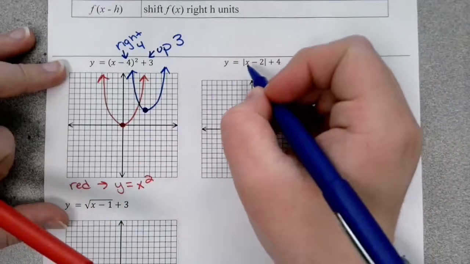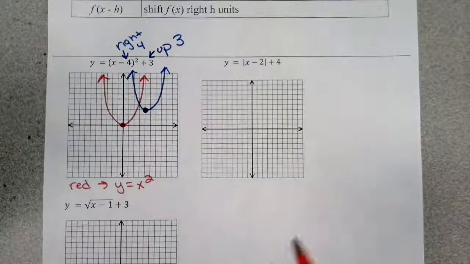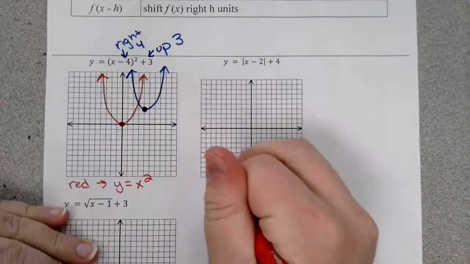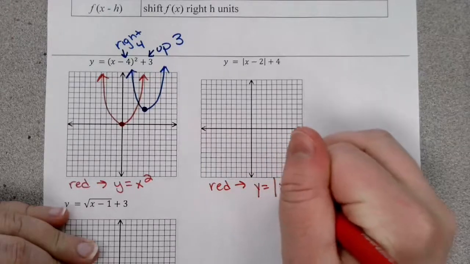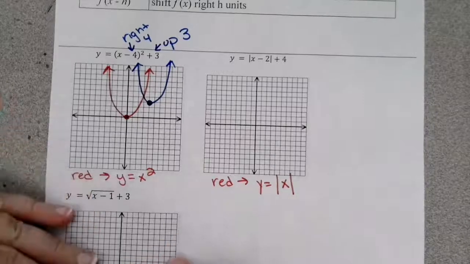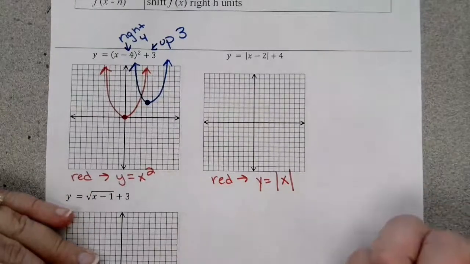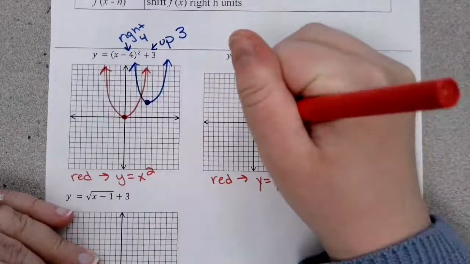My second function, because of the absolute value bars, I know it's going to be an absolute value function. So in red, I'm just going to draw the parent function for you. And you do not need to draw the parent function on your page. I'm just drawing it so you can see why it's moving, how it's moving, and go from there.